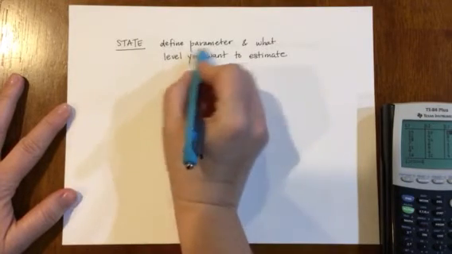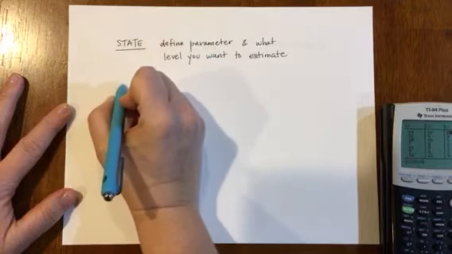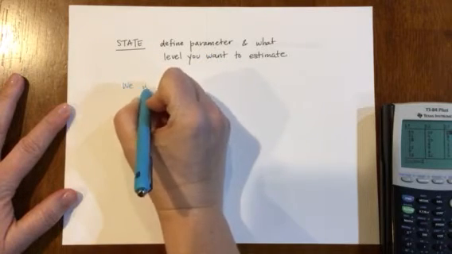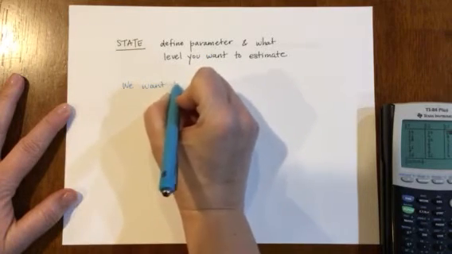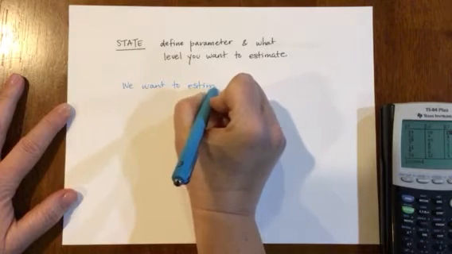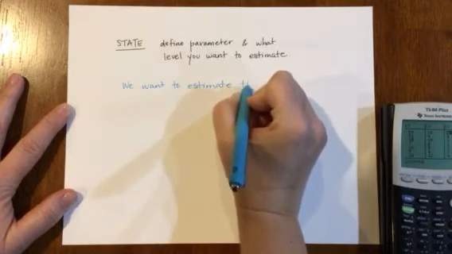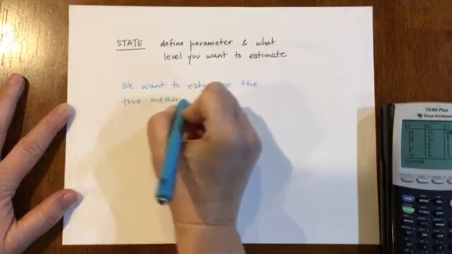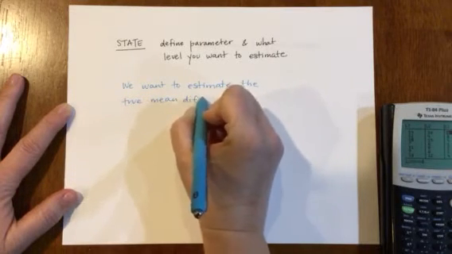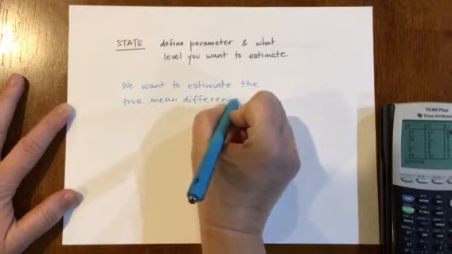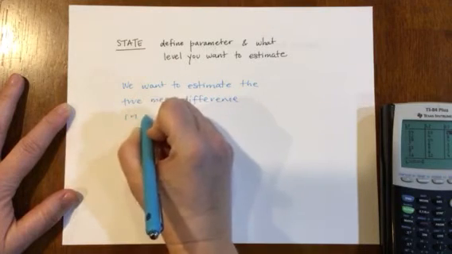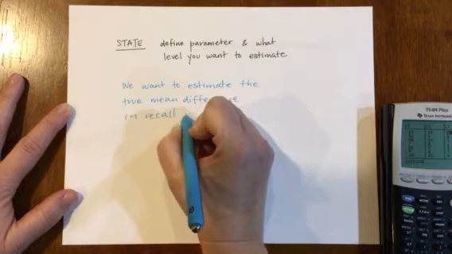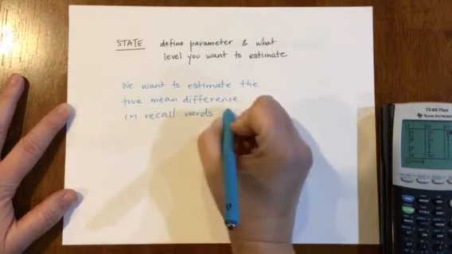Therefore, to define the parameter, we're trying to figure out the true mean difference in recall words. And you want to say how you're going to subtract.